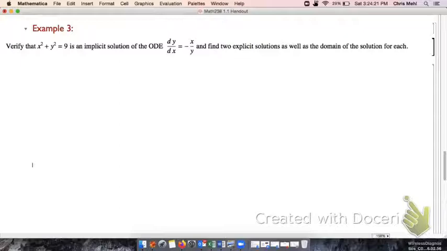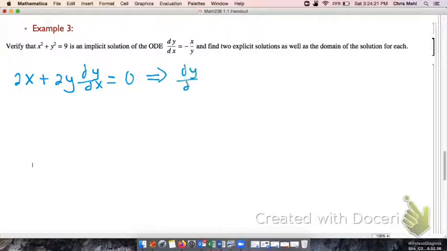If you actually want to verify an implicit solution, you can just use implicit differentiation. And again, you're treating x as the independent variable. So, well, the derivative of x squared is 2x plus the derivative of y squared using the chain rule is 2y dy dx, and the derivative of the right hand side is 0. And you'll notice if you solve for dy dx, you're basically subtracting 2x and dividing by 2y, and you get minus x over y. Check.